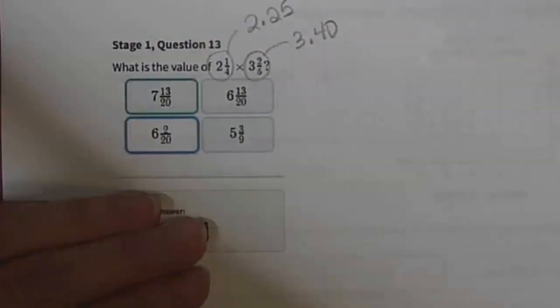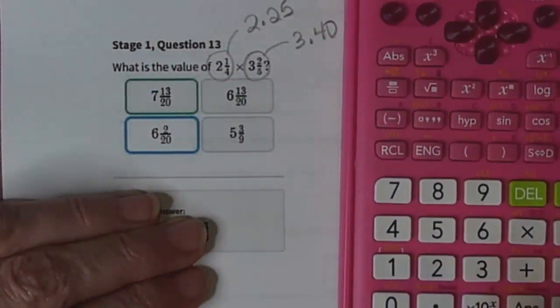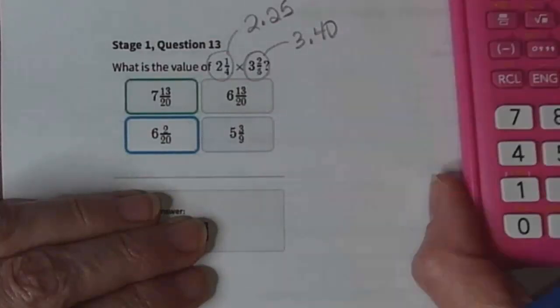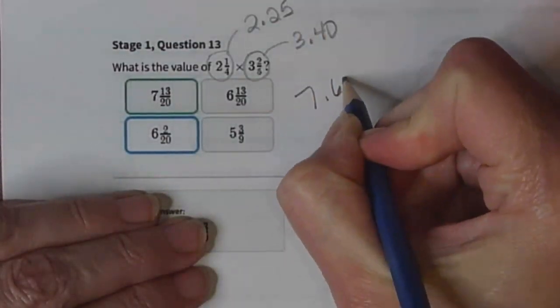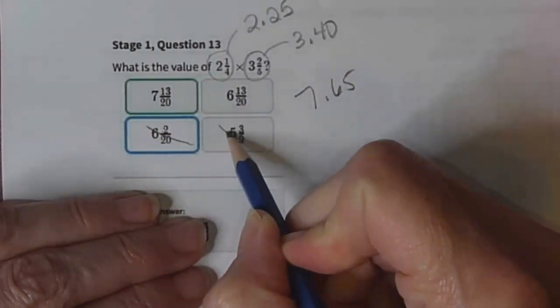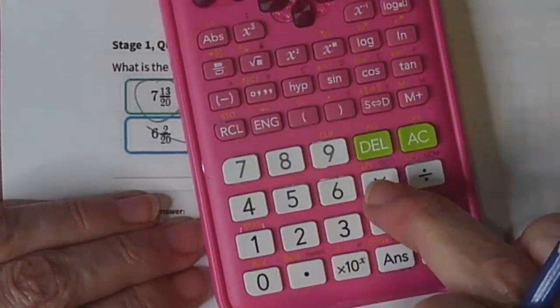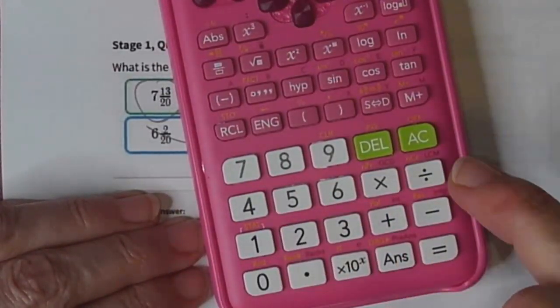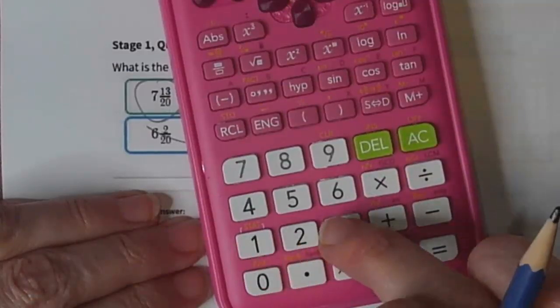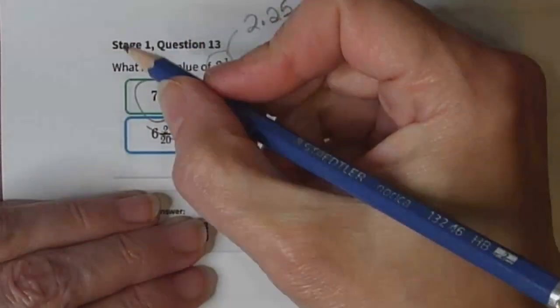That's my accounting brain, always thinking money decimals. 2.25 times 3.40 is $7.65. Well, I only have one with 7. So no. And 13 out of 20 is actually 65. Look, 13 divided by 20 is 65. So, I mean, that was easier.